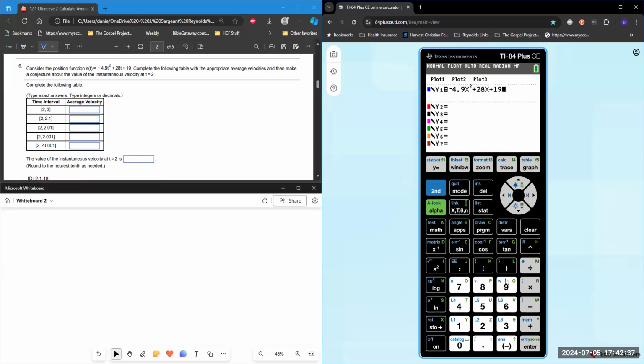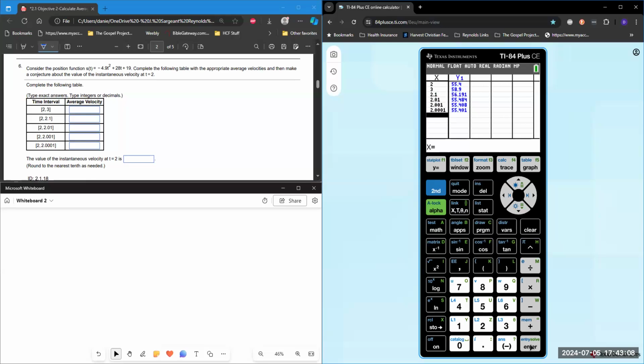There we go. And we're going to see what happens getting close to t equals 2. So we're going to put the values of 2, 3, and 2.1, 2.01, 2.001, 2.0001 in here.